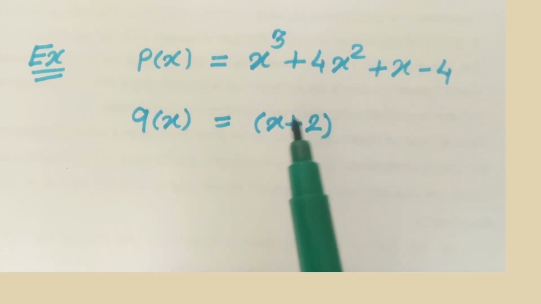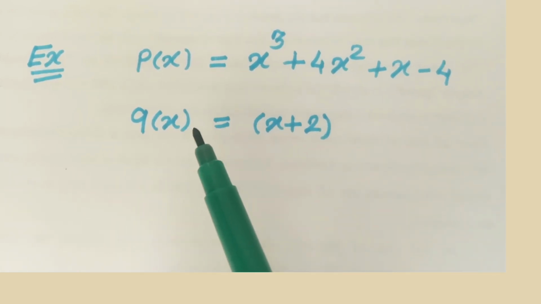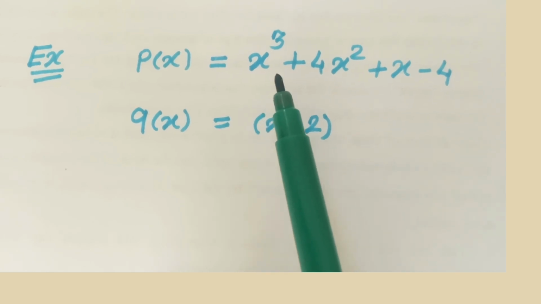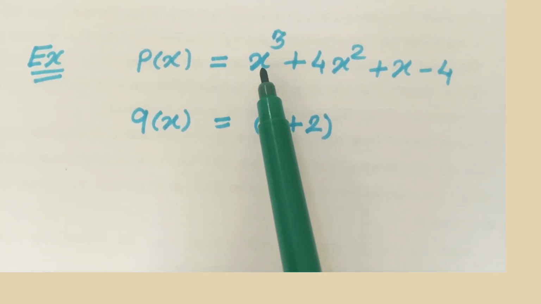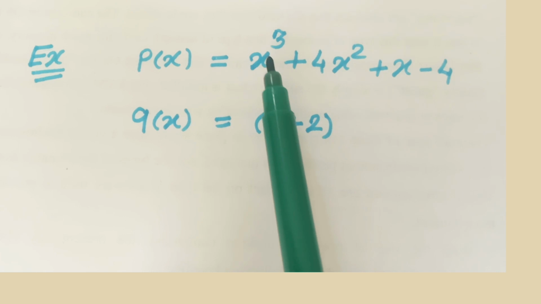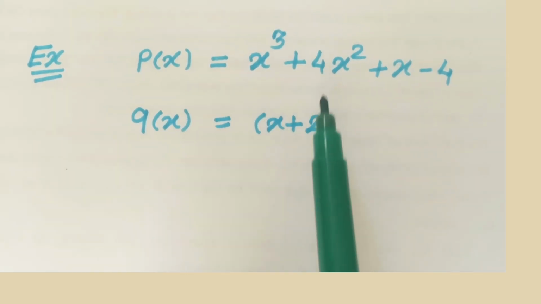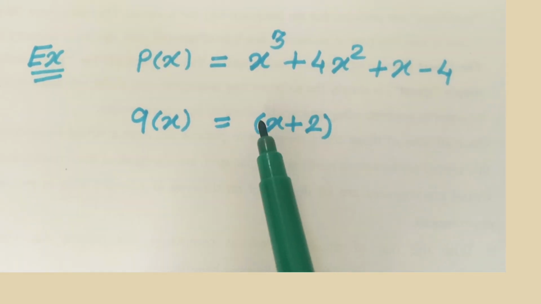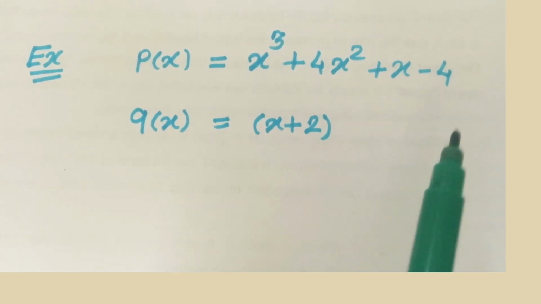Here p of x is the dividend polynomial of degree 3, and q of x is the divisor polynomial of degree 1.